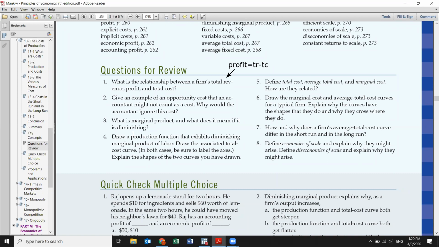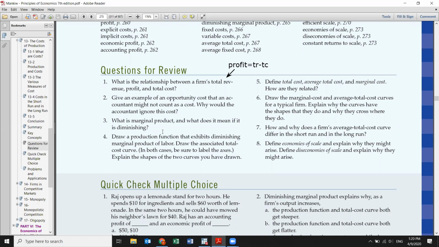Diminishing marginal product refers to the marginal product of input declining as the quantity of input increases. More simply, as you add additional workers to increase the quantity, the efficiency of the increase will go down. It will not be as efficient as it was before.